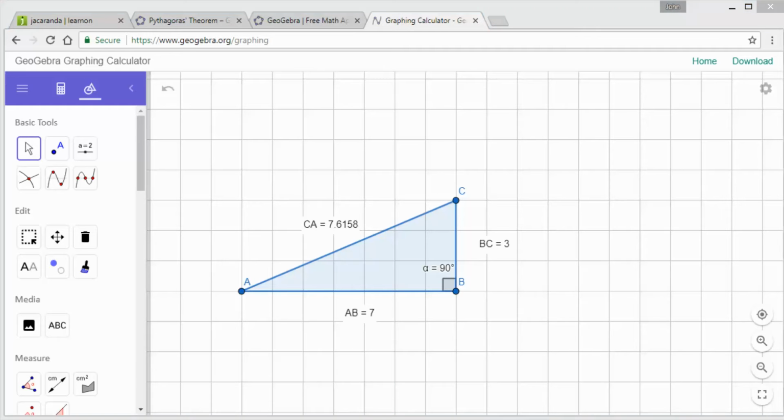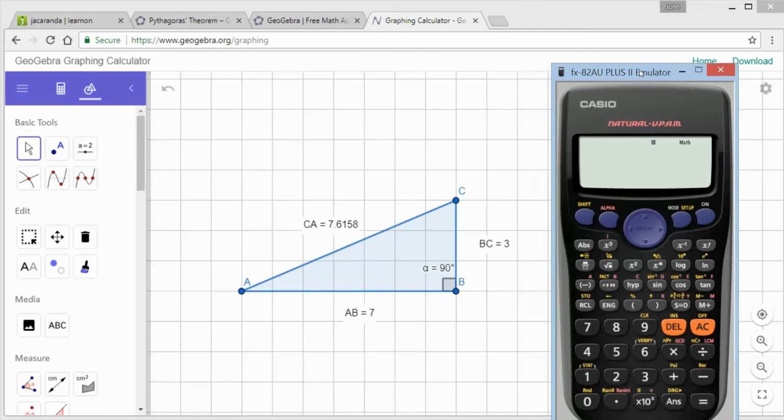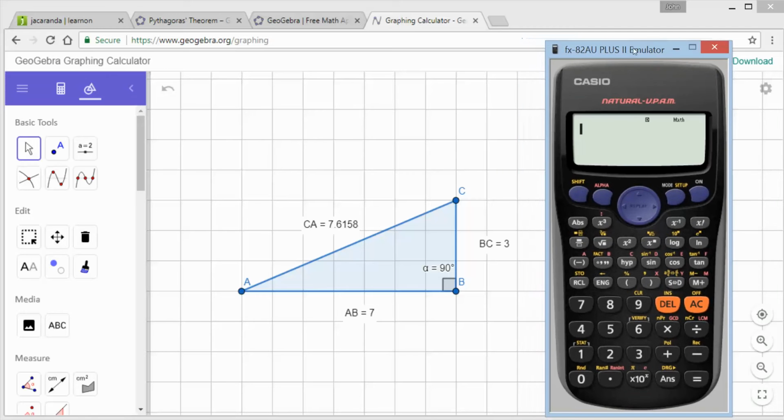I'm going to use my calculator, and what I want you to see is this. I'm going to square the two shorter sides, AB and BC. So let's type that in: 7 squared, using the square key, plus 3 squared. You get 58. Remember that number. Now I'm going to square the hypotenuse length, the longest side.